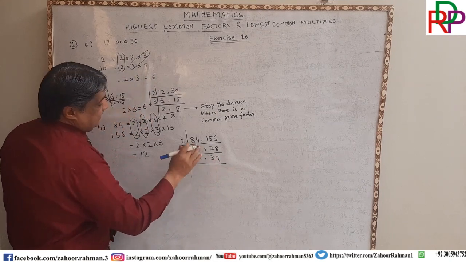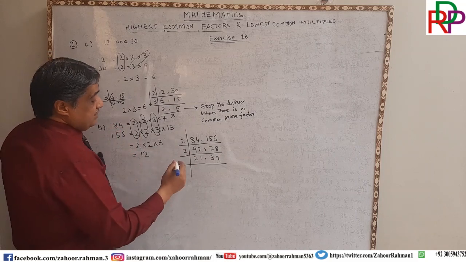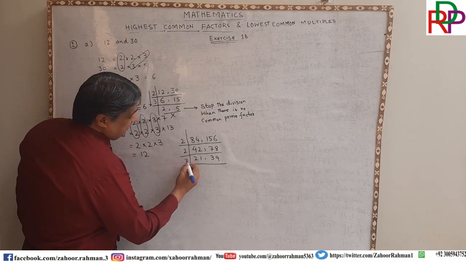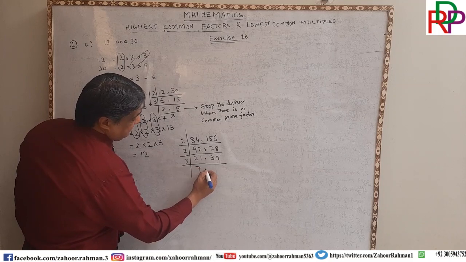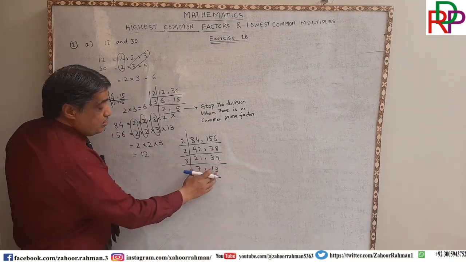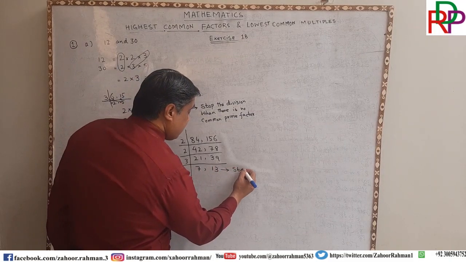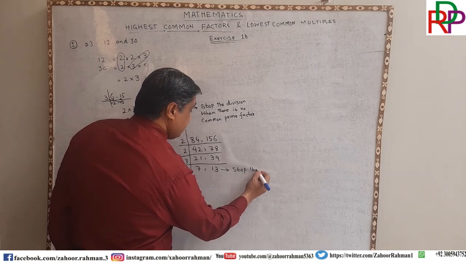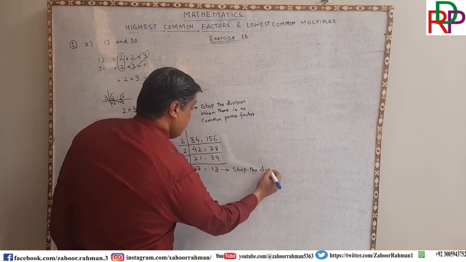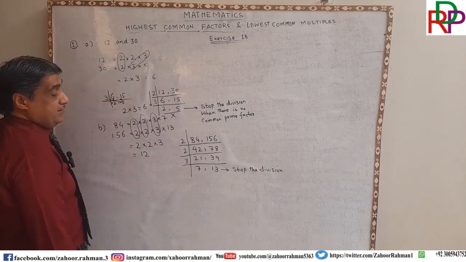There is a common factor, both will be divisible, remember, not just one. So here 3 is common: 3 sevens are 21 and 3 thirteens are 39. There is no common factor here, so we have to stop the division. We don't have to divide it further.